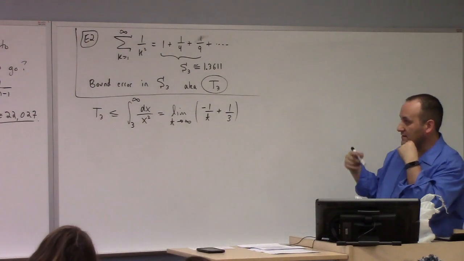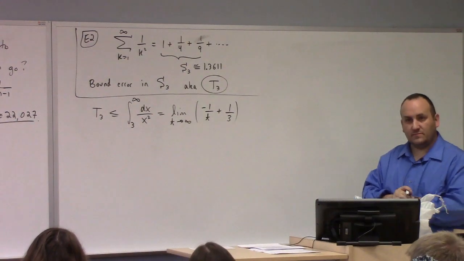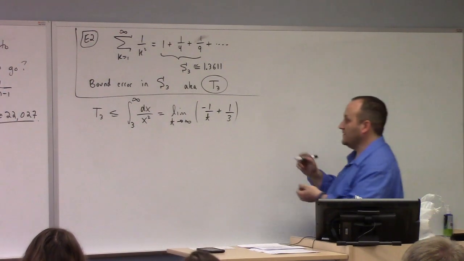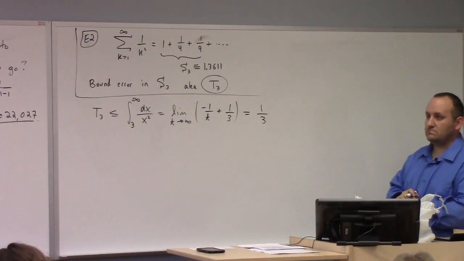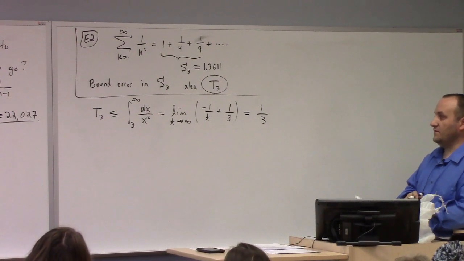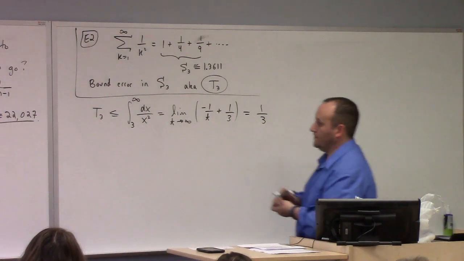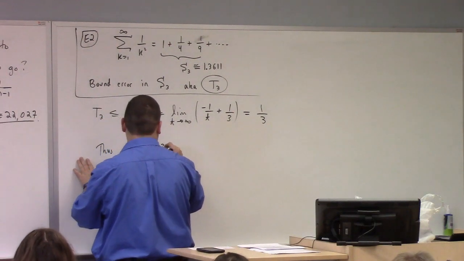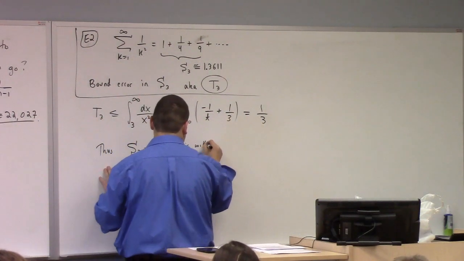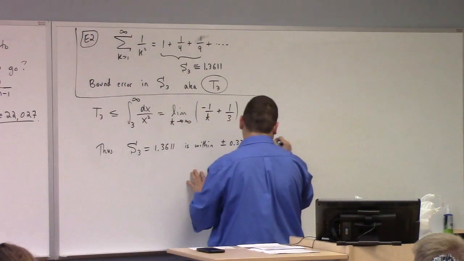I evaluate at the upper bound t, I get minus 1 over t. The lower bound gives me a minus a third, which is plus 1/3. Of course, the t term goes to 0, and we're left with 1/3. So that tells us that if we use the third partial sum for the p equals 2 series, we're within 1/3 of the answer. S3 equal to 1.3611 is within plus or minus 0.3333 of the p equals 2 series.